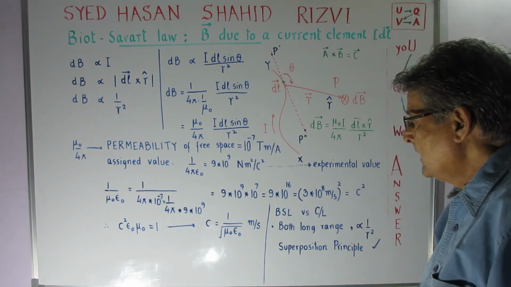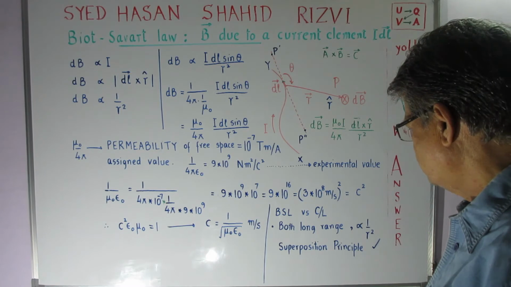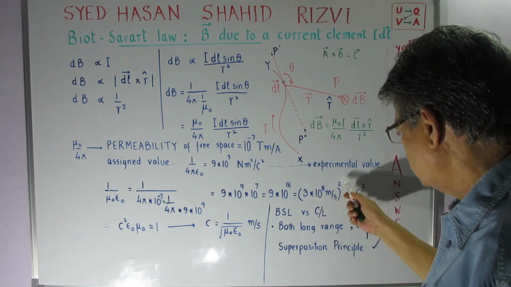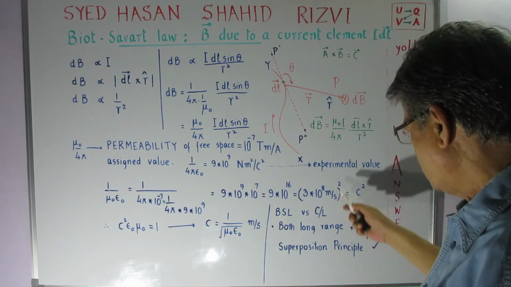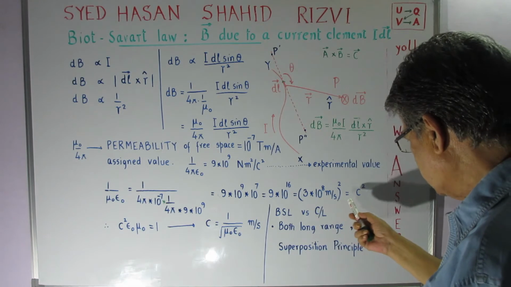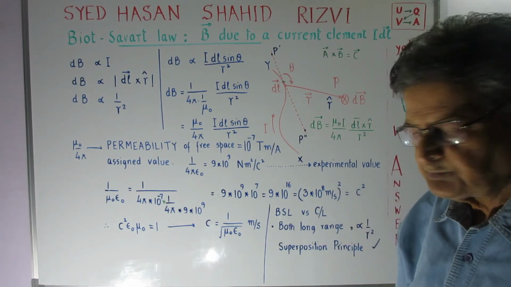Now I can write this as 3 into 10 to the power of 8, whole square. Of course, when you check the units, this is meter per second square.